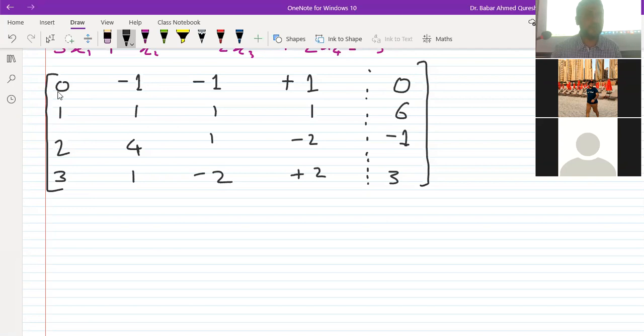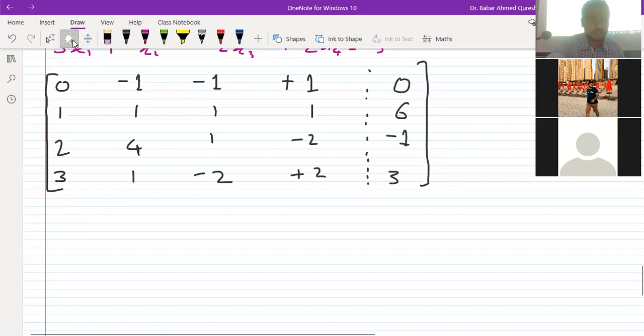No matter what I multiply this 0 with, if I add it to the next rows, they're not going to change, because anything multiplied with 0 is still 0. So I can't change these rows using this. So I have kind of a failure. But I can get out of it very easily, because I have this allowed operation that I can interchange rows. That's completely okay.